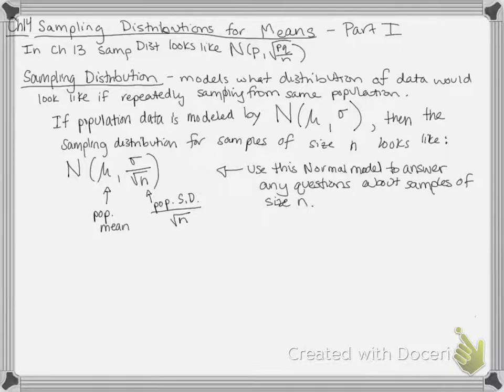If we get a specific sample size given, let's just say 25, for example, then we would create a sampling distribution for that particular sample size, and that would only be true for that sample size. So our sampling distribution would change if the sample size were to increase or decrease.